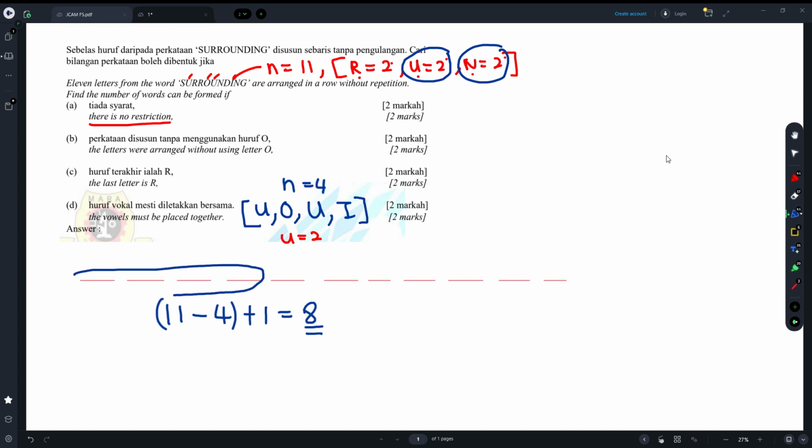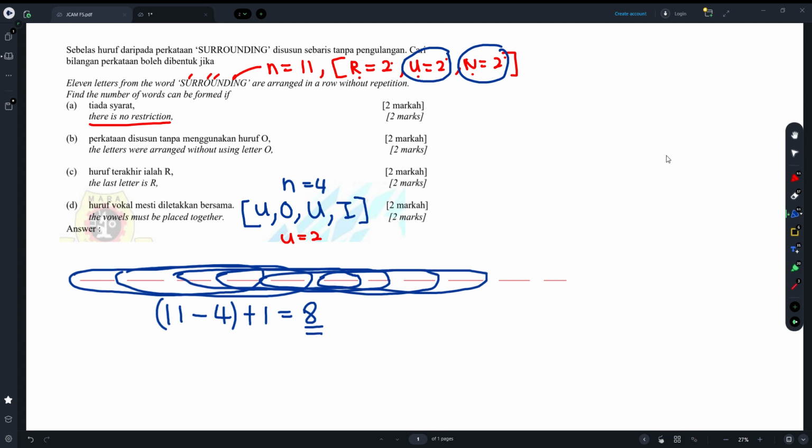Number 1, number 2, number 3, number 4, number 5, number 6, number 7, number 8. Beyond that is not possible, because when you do this, only 3 vowels are there. You cannot continue. So it's 8 actually. As simple as that.